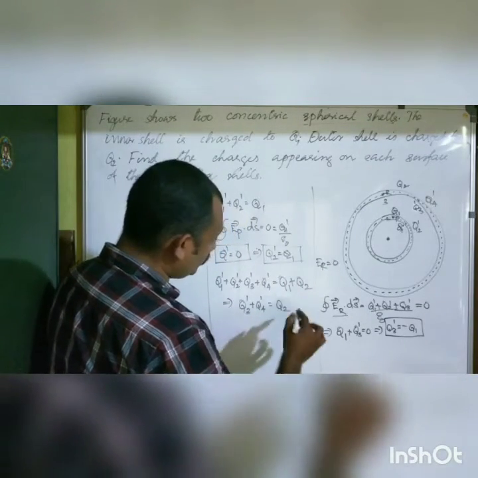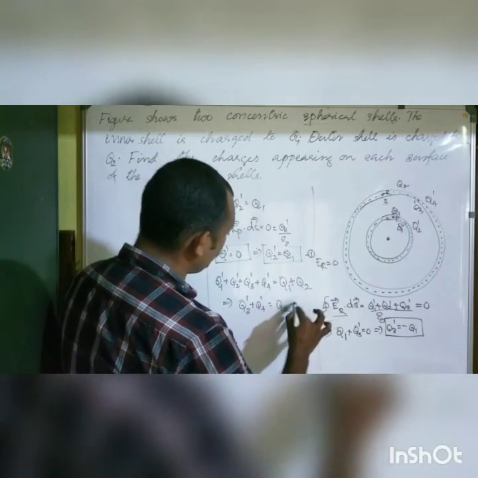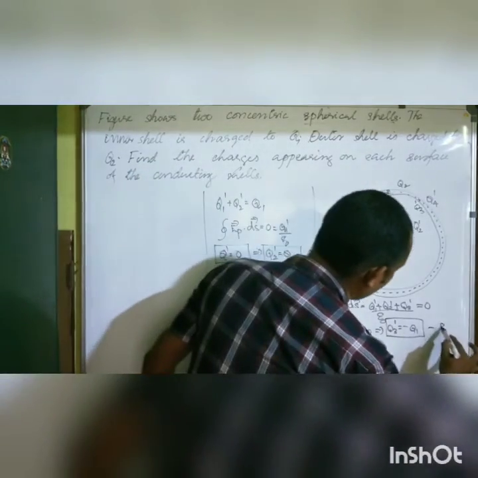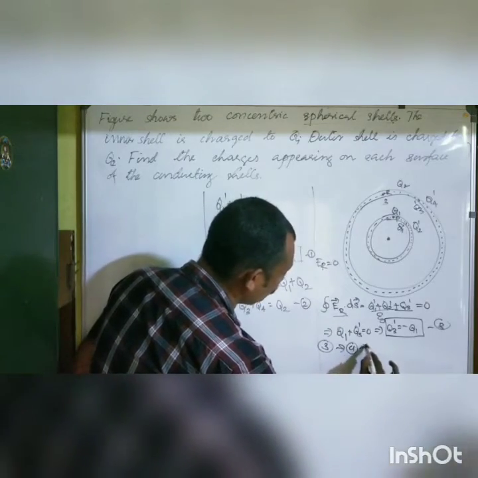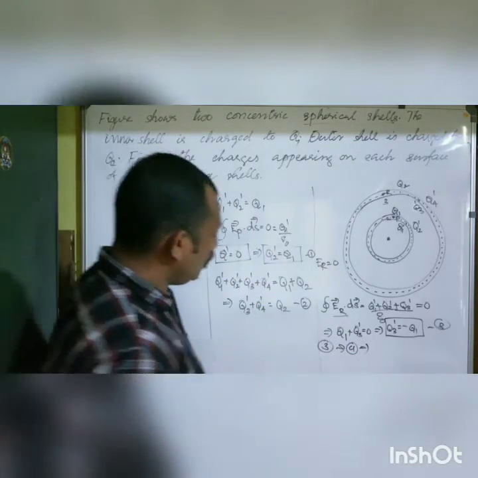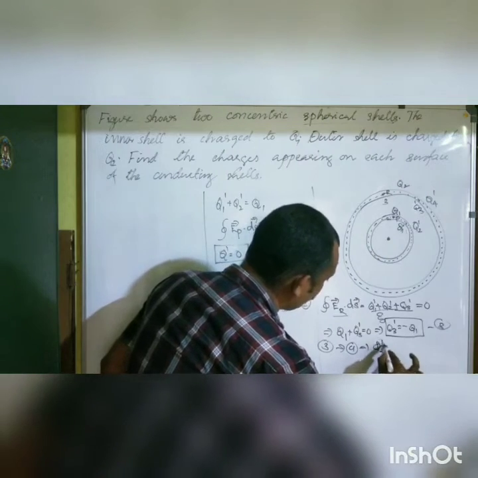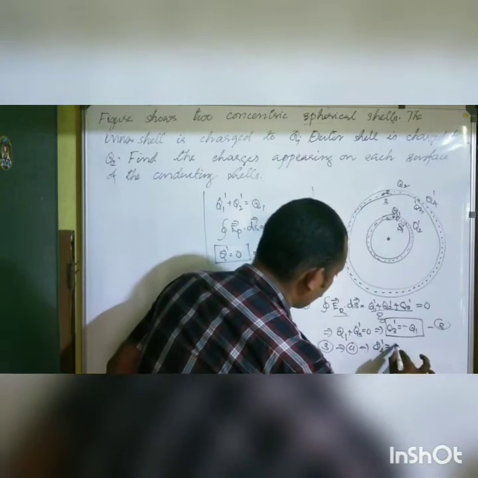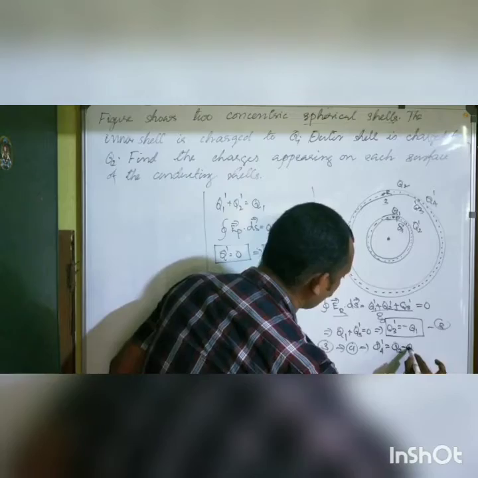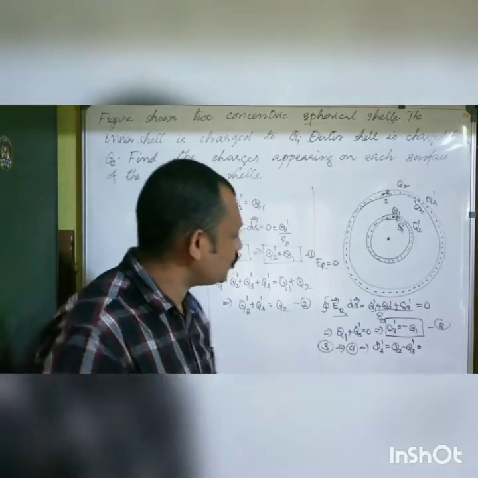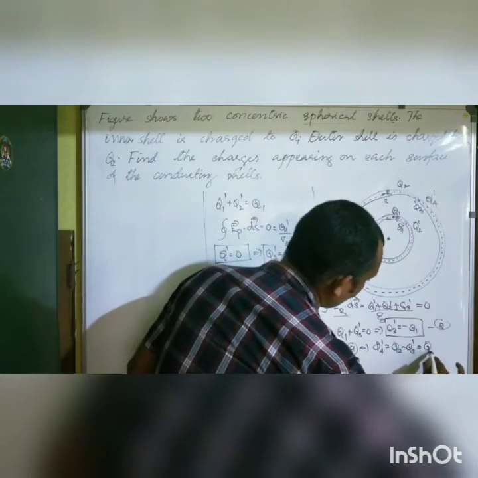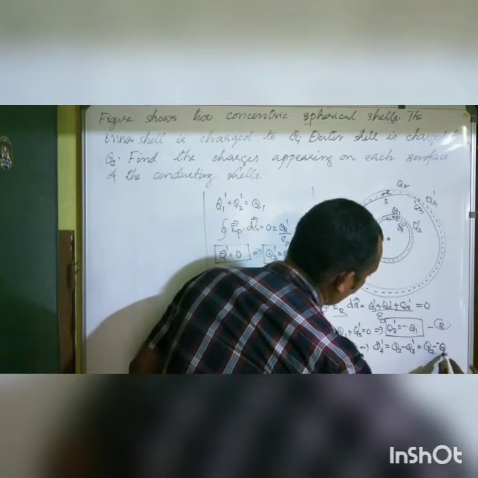So this is equation number 1, this is equation number 2, this is equation number 3. Substituting equation 3 in equation 4 we get Q4 dash is equal to Q2 minus Q3 dash, which is Q2 minus (minus Q1).